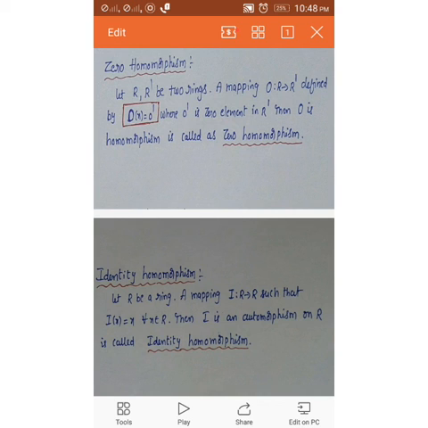In general we know the zero function; here also we have zero homomorphism. The definition of zero homomorphism is: let R, R' be two rings, and a mapping 0 from R to R' is defined by 0(x) = 0', where 0' is the zero element in R'. Then 0 is a homomorphism, called the zero homomorphism.